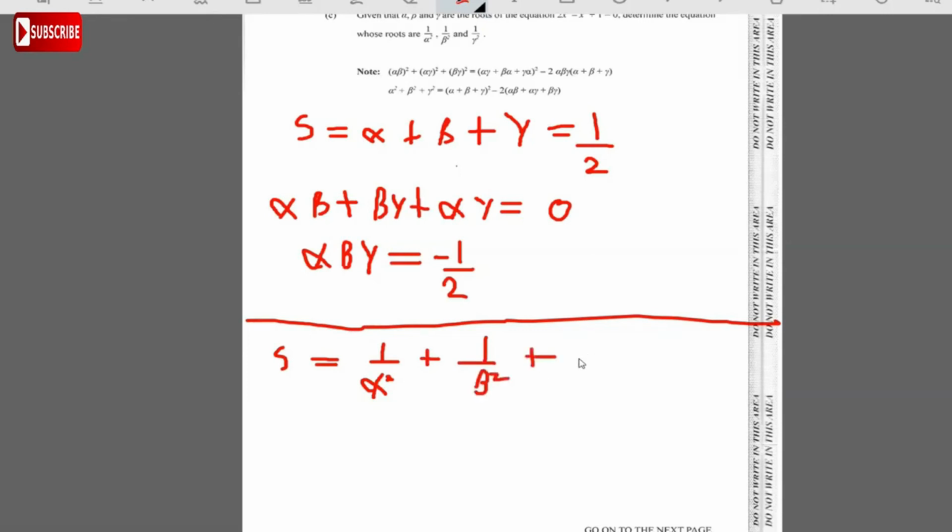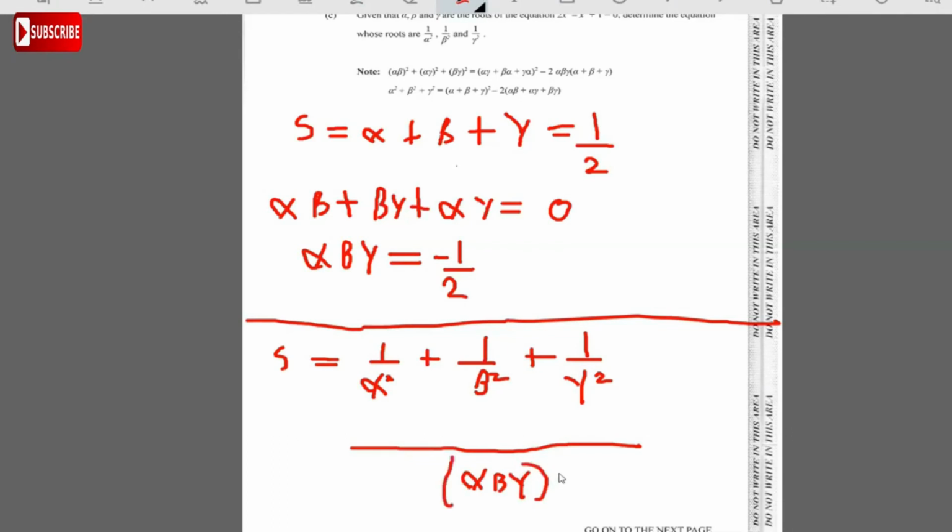To work this out, we're going to have to find their LCM. The common denominator is going to be alpha beta gamma all square.